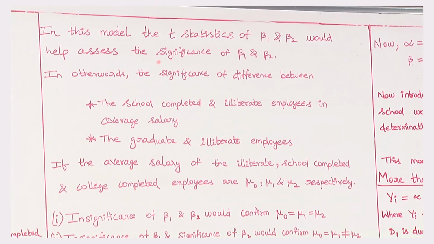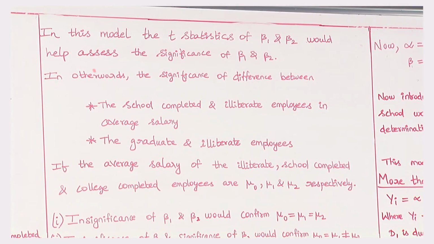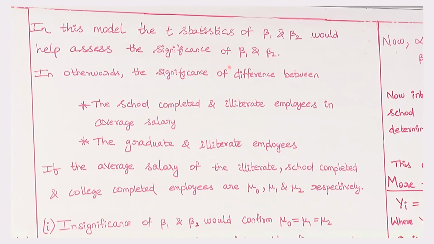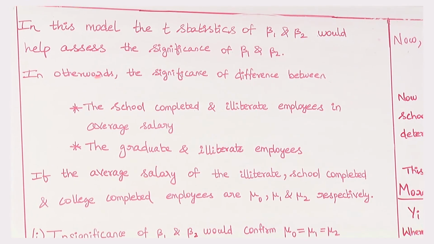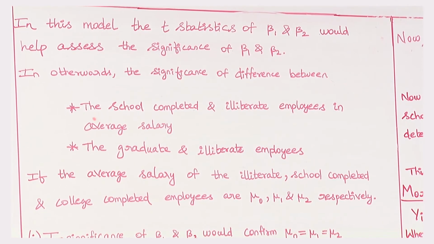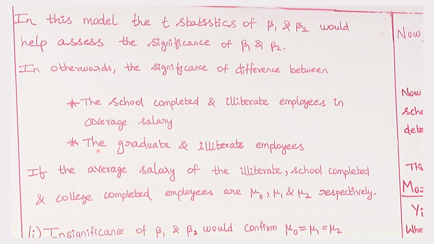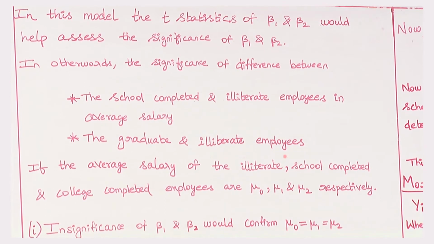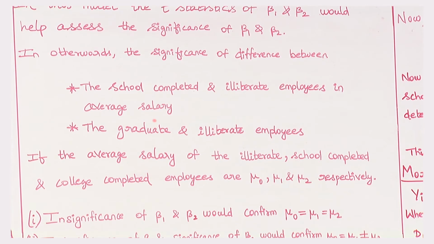In this model, the t statistics of beta 1 and beta 2 would help assess the significance of beta 1 and beta 2 individually. In other words, the significance of the difference in average salary between the school completed and the illiterate employees, and between the graduate and illiterate employees, could be found.